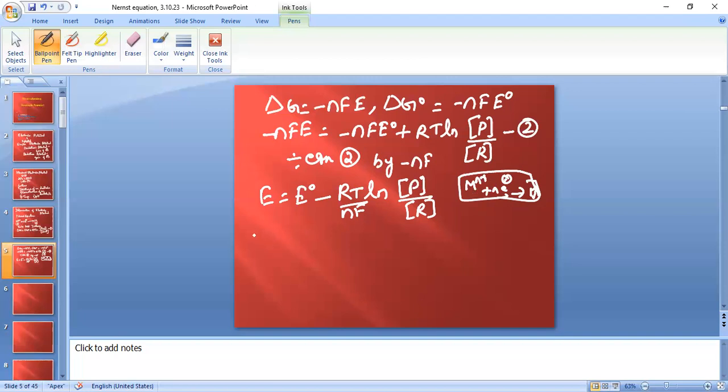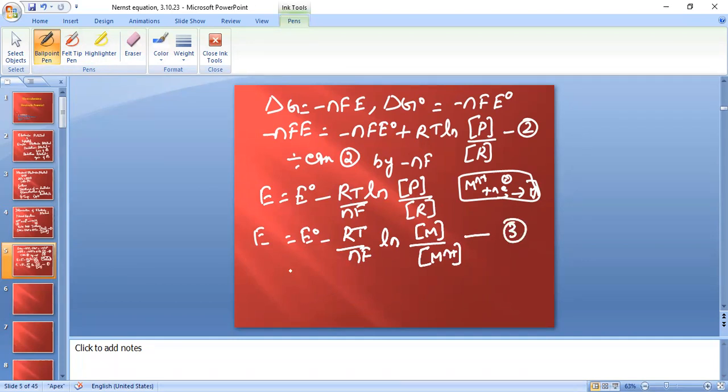Therefore, we can write the equation as E is equal to E naught minus RT by nF ln, the product being M and the reactant being M^n+. Let it be equation 3.